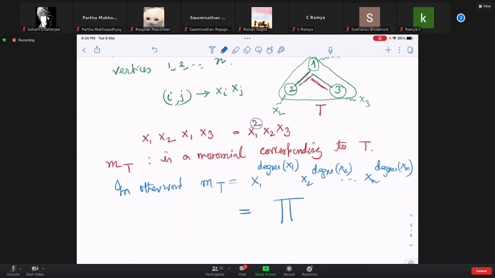And this is also the same as the product of xi xj, where ij is an edge of the tree. Is it clear to all of you? If anybody has any doubt, let me know.